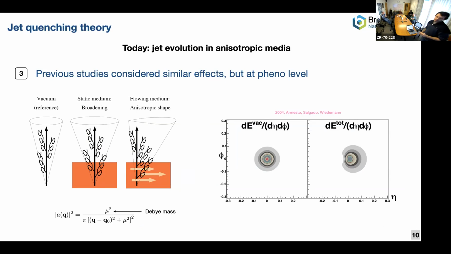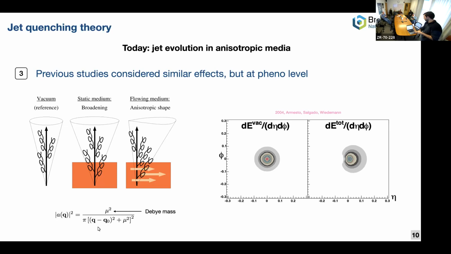Finally, the other motivation is that many years ago, people tried to compute this type of effects not for gradients but for flowing matter, which is similar. But what was done was not a real calculation from first principles. What was done was more like they modified the effective potential through which the jet interacts with the matter, such that there is some sort of bias towards some flowing direction of the medium.